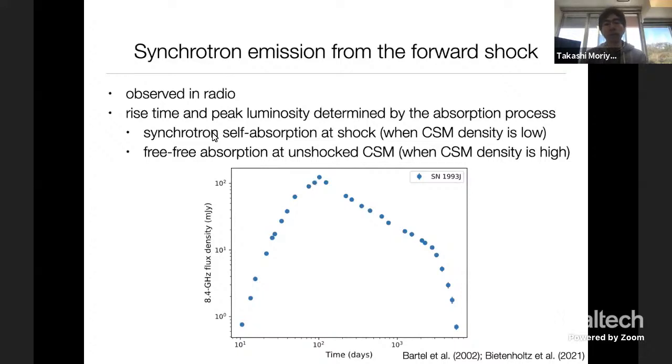When the circumstellar matter density is relatively low, synchrotron self-absorption determines this peak. And when the circumstellar matter density is relatively high, then we need to think of free-free absorption by the unshocked circumstellar matter. Anyway, in either case, from this rise time and from the peak luminosity of the radio light curve, we can estimate the circumstellar matter density and the mass loss rate of these supernova progenitors.